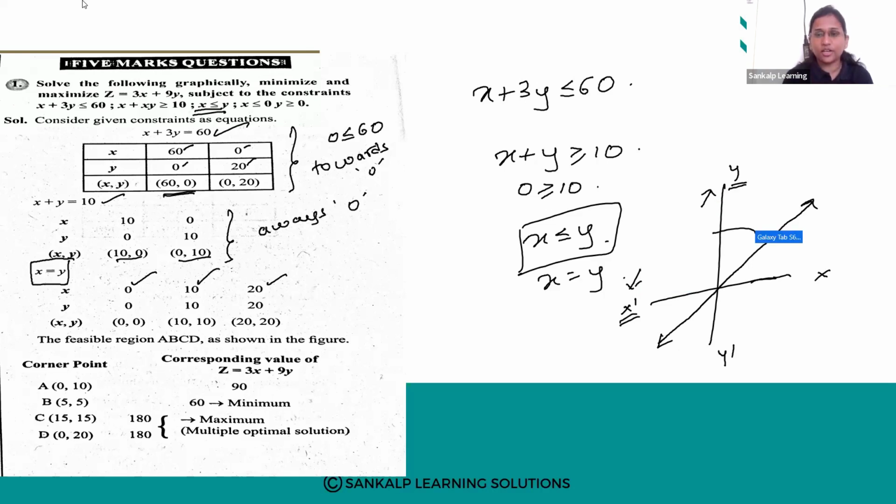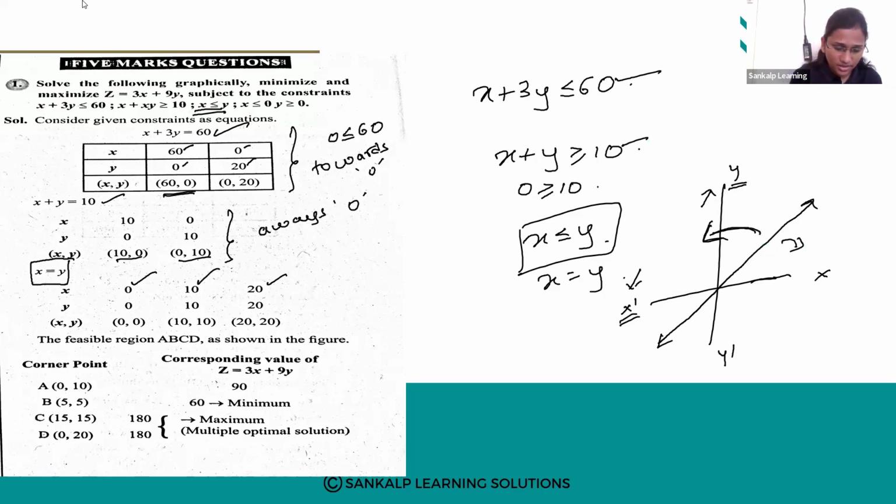On the left side of the line. Correct? On the line, x and y are both equal. But the constraint says x is less than y. So where x is less than y, that means towards the left of your given line. So the first is towards the origin, the second is away from the origin, and this one is the left of the line.